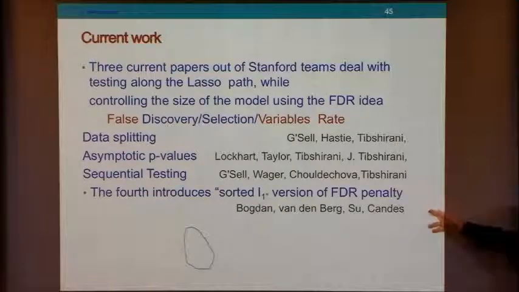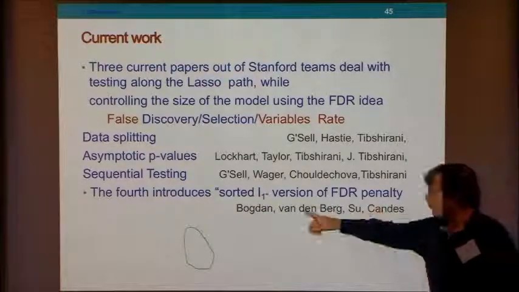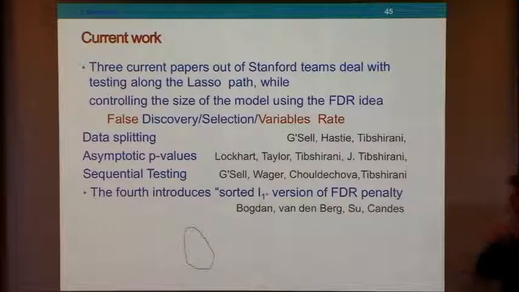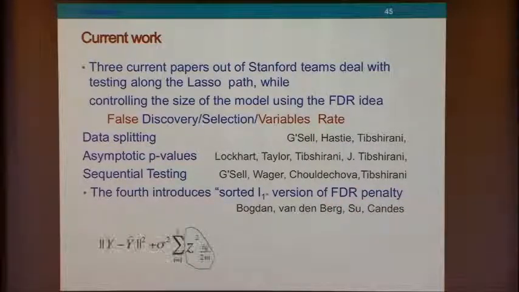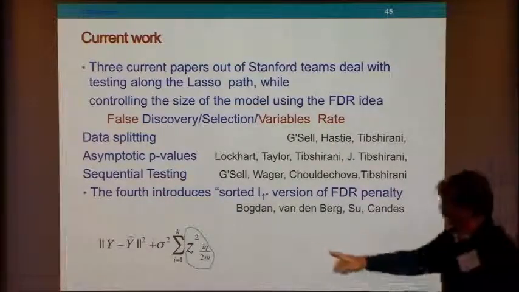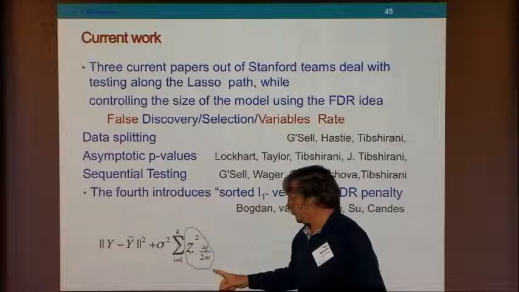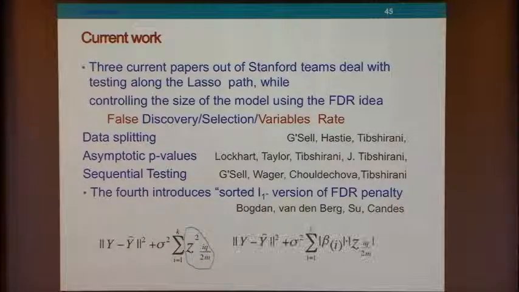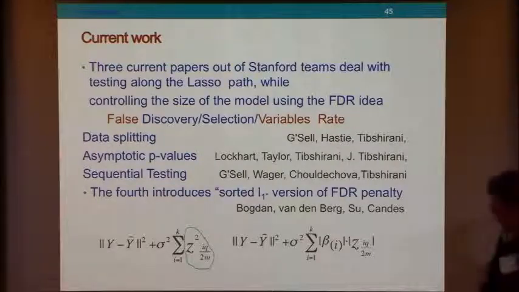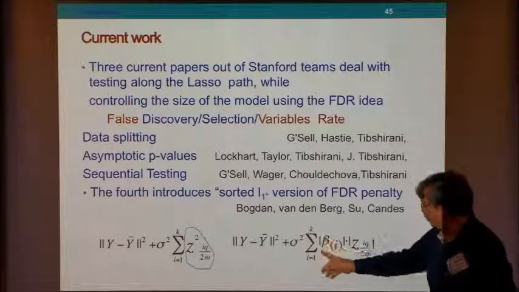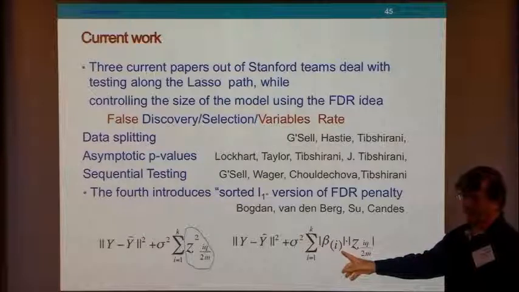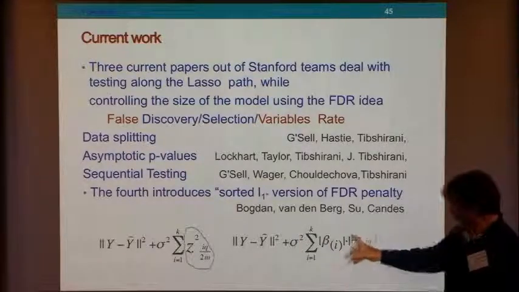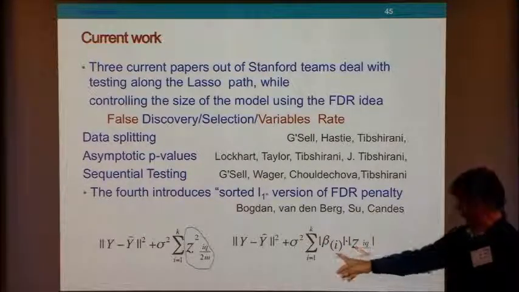And the fourth one is this paper by Candes and co-authors, which introduces a sorted L1 version of the FDR penalty, which is neat. We looked at this penalty, least squares plus this, and in the spirit of the loss, you're taking not merely the absolute values of each of the coefficients, but you multiply each by a penalty depending on its order.